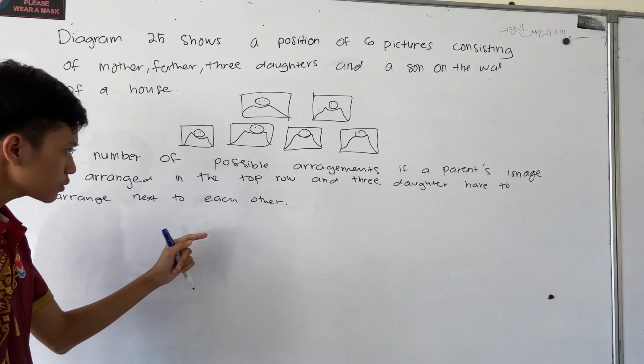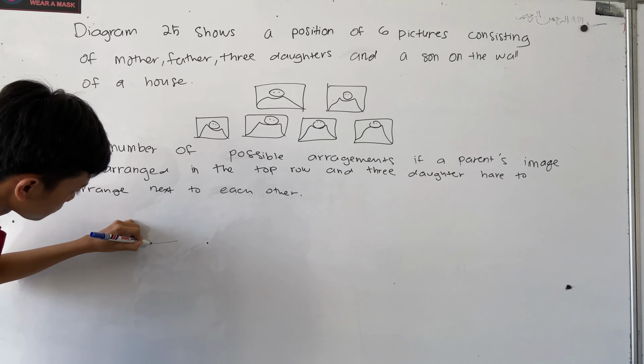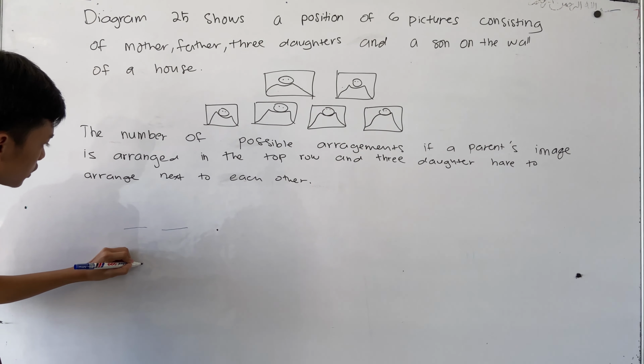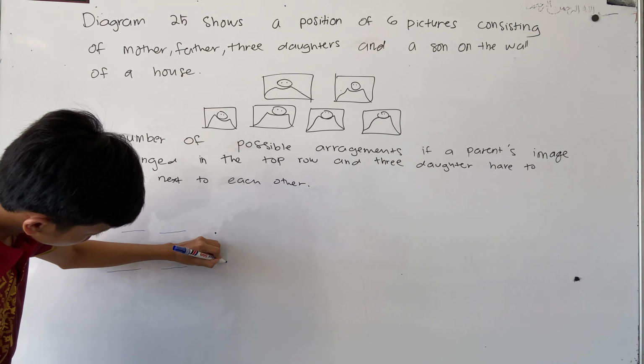So we must put the parent at the top and the children we must put on the bottom row.